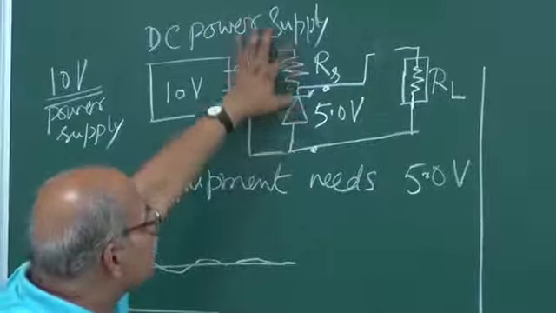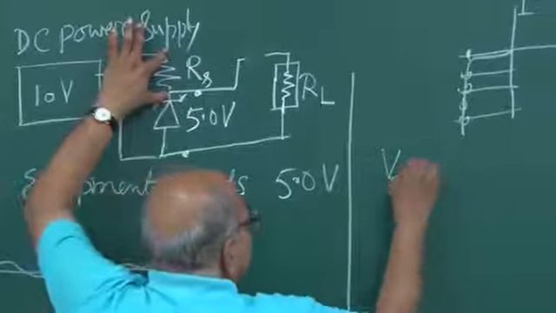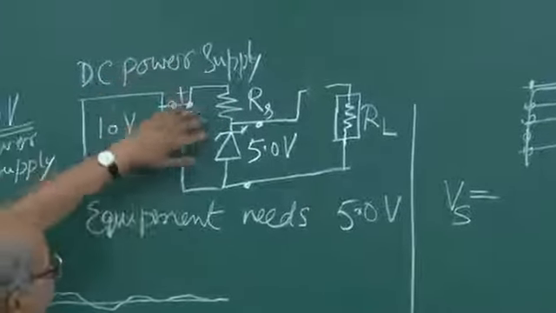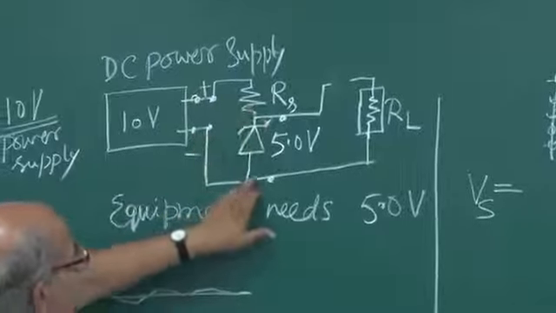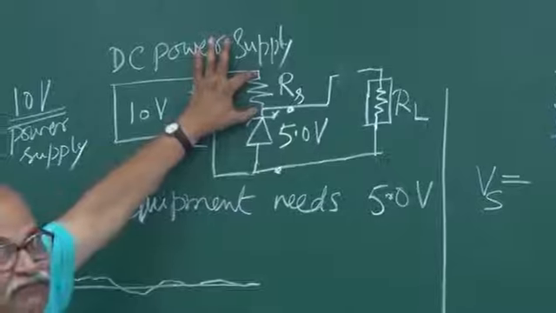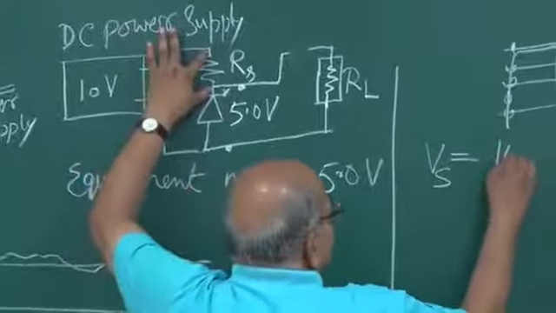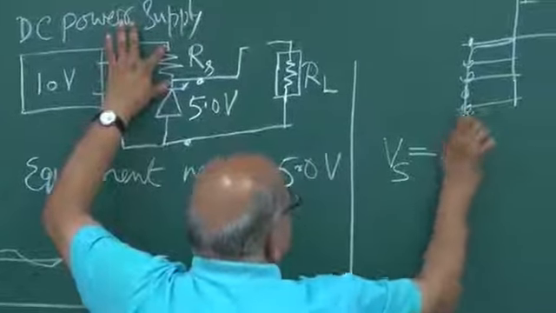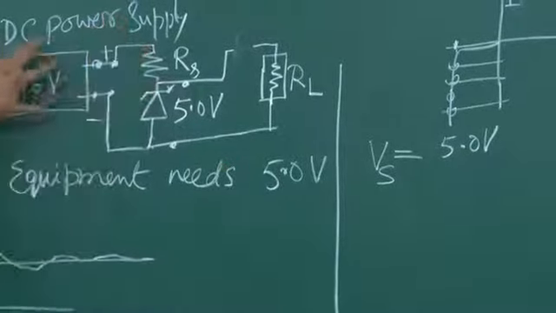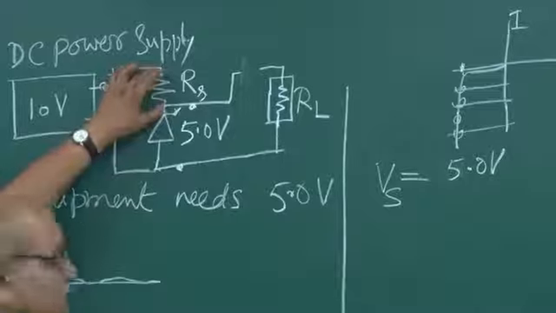So what is the voltage on RS? The voltage on RS, let me write it Vs, will be 10 volts minus this 5.0 volt. If I take this as 0, this will be 5 volt, and this is 10 volt. So the drop is 5 volt on this RS also. Let me write it 5.